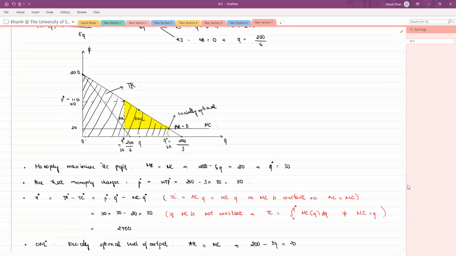Now, what is the total cost for the firm? Again, total cost is just going to be the marginal cost multiplied by the total quantity. Marginal cost is 20 over here, total quantity is 60.